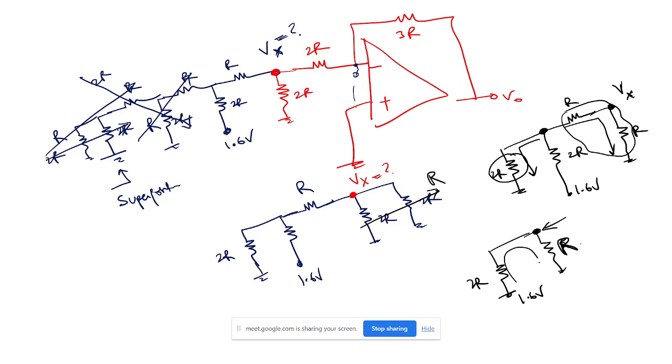These two are in series, no? So 1.6 volt into R divided by 2R.